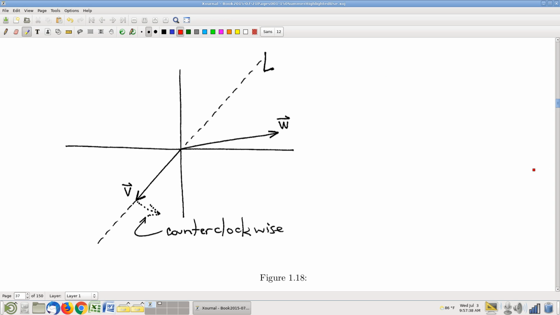That would come about if the two vectors are parallel, either in the same direction or opposite directions, or if one of the vectors were the zero vector, or hypothetically, if both vectors are the zero vector, something annoying like that. If either of those happens, then it's not clockwise and it's not counterclockwise.